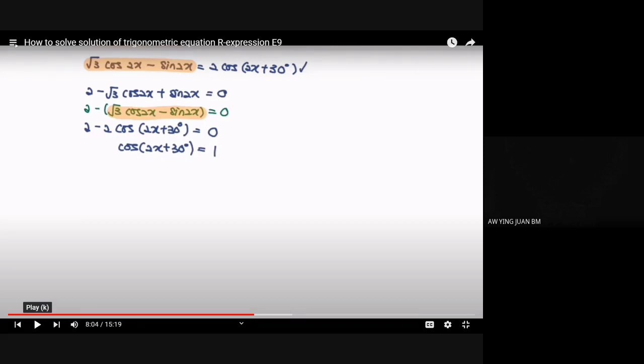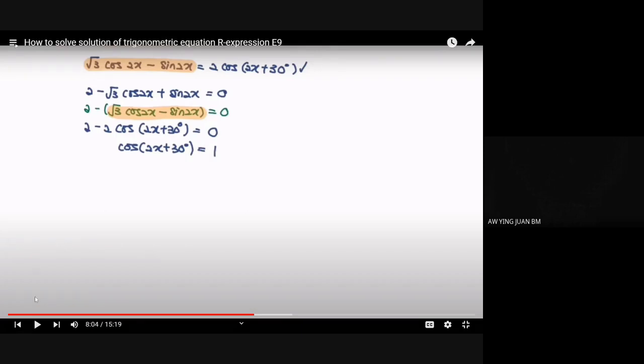Based on this part, should be no problem. Equals 0, and then you rearrange. Then back to normal. So cos something is equal to 1. Now we are back to the normal type of question for the solution of trigonometric functions.